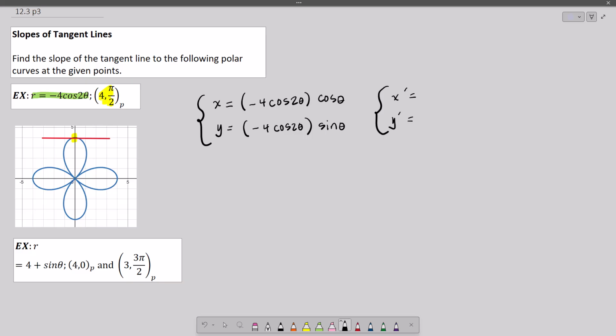So the top one, first times derivative of second. The derivative of second is negative sine of theta. So this is going to be 4 cosine 2 theta times sine of theta. So that's first derivative second, plus the derivative of first times second. The derivative of first, we come into the function.